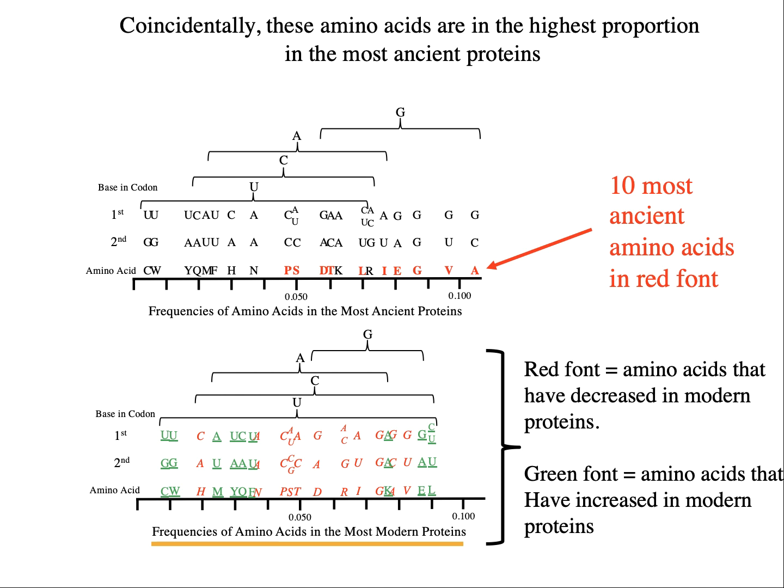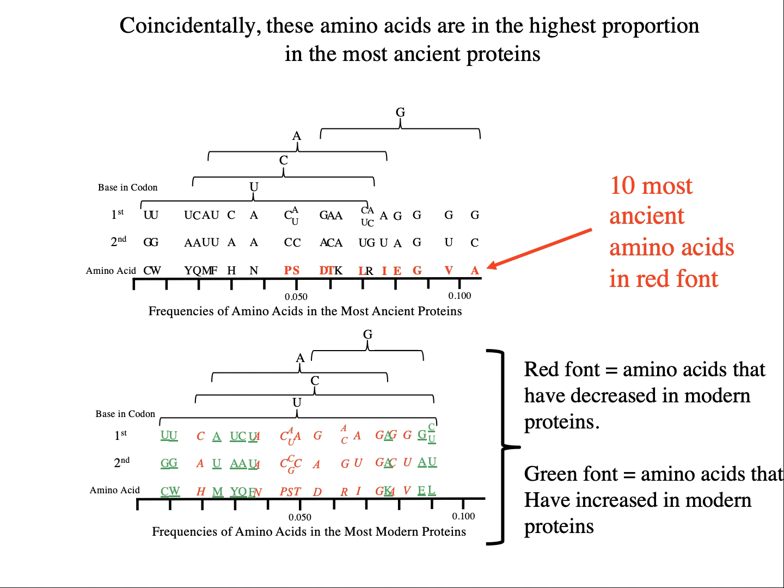And you can see that those 10 amino acids have shifted position so that most of them have moved down in frequency, and those are indicated in red. And then the other ones that are indicated in green are those that have increased in frequency in the modern proteins. And those are the later arriving amino acids, the ones that are probably produced mainly by biological means.